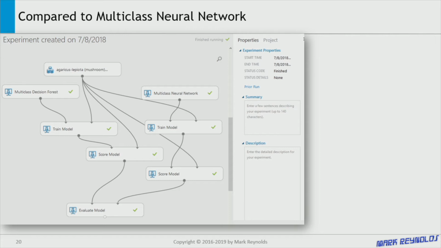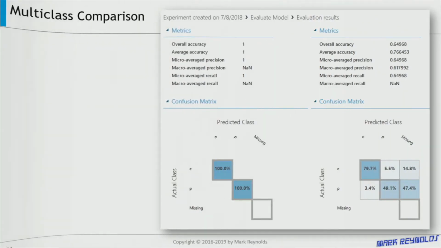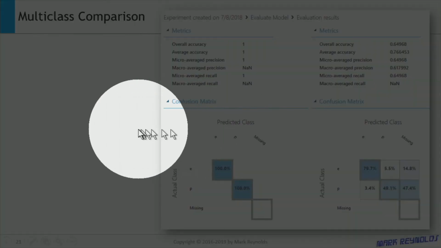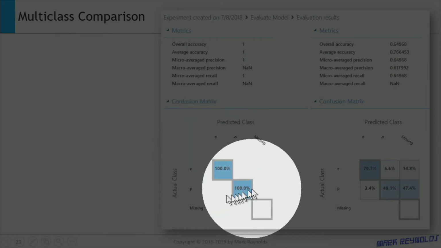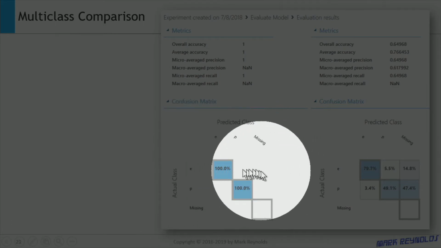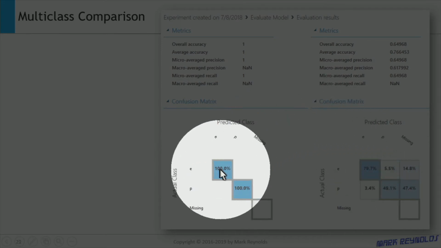The neural network, let's see. We'll come back to that. In this case, we found, is it edible? It thinks it's edible. We had 100%. Over here, now this was with a decision tree.